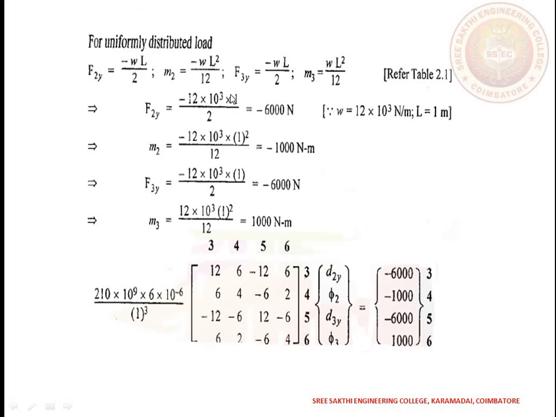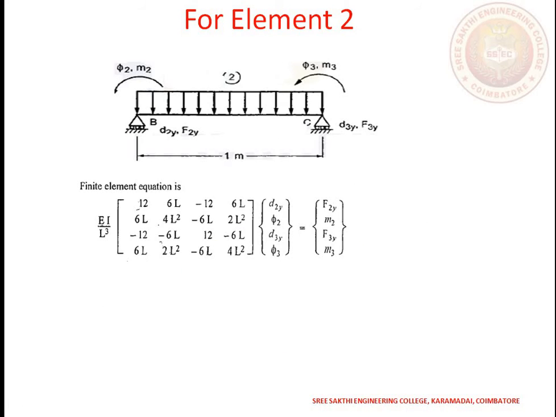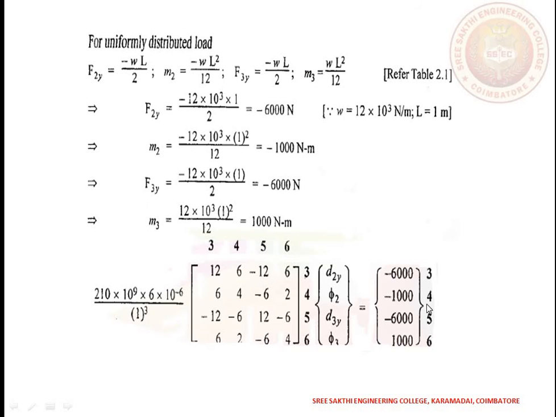So W is 12 into 10 power 3, L is 1 divided by 2. Then similarly M2, then similarly F3, then similarly M3. Okay, now you can apply this equation here. Now we know the values: F2y is minus 6000, M2 is minus 1000, F3 is minus 6000, M3 is 1000.